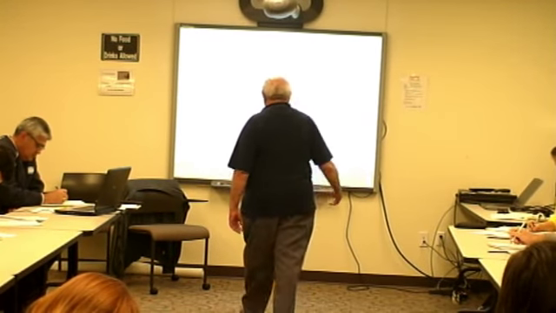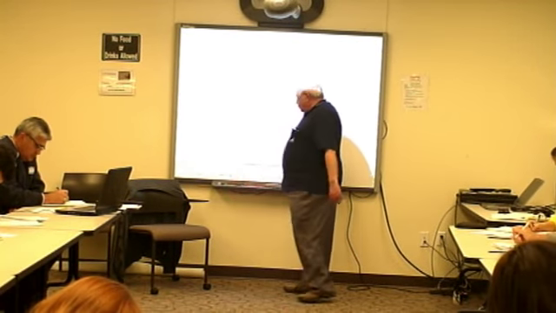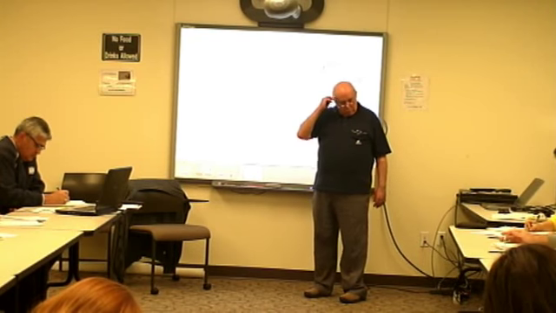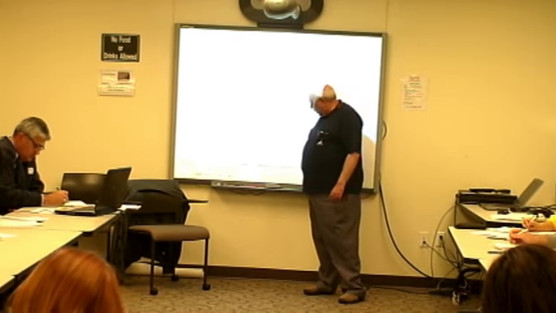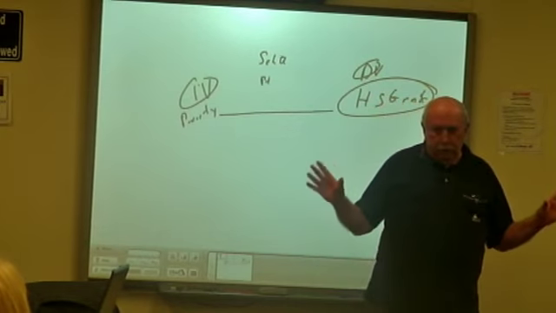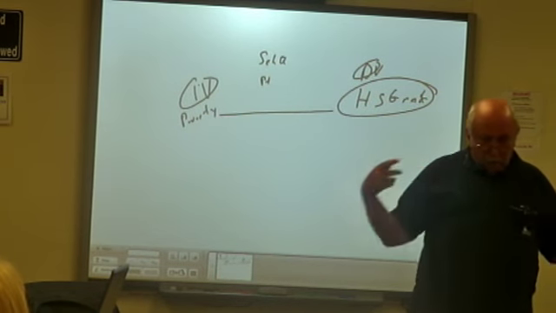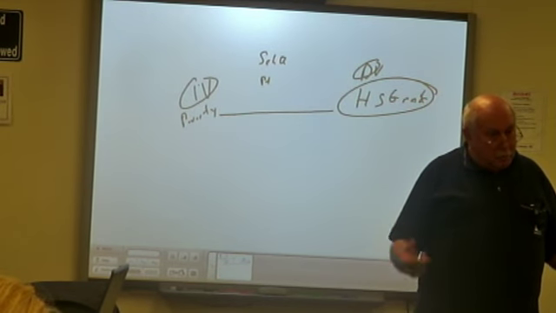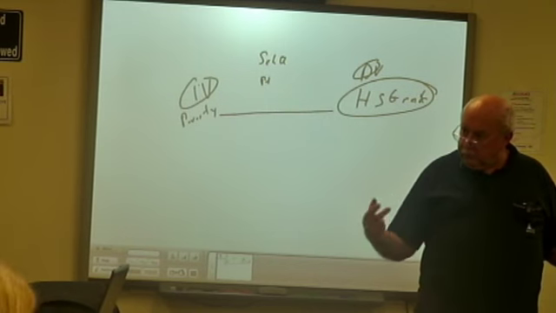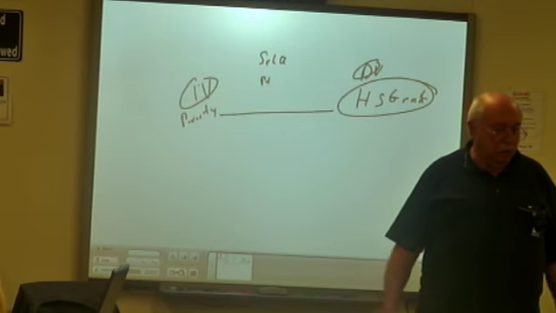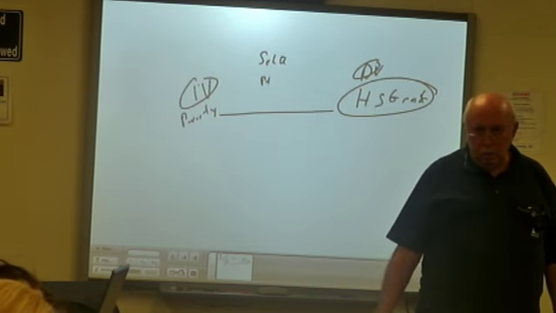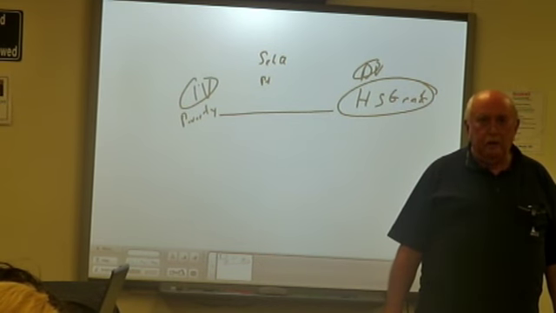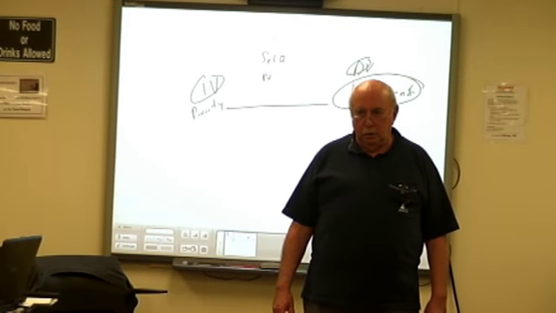What does that mean? That means if I want to control for that covariate, I measure it, and then I do a statistical process called ANCOVA. ANCOVA is analysis of covariance.